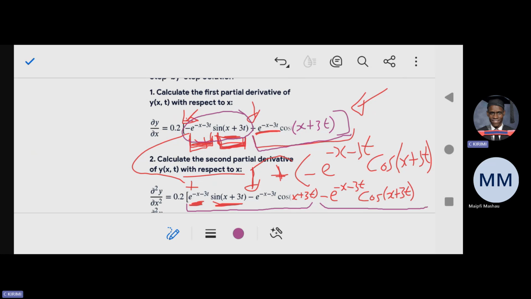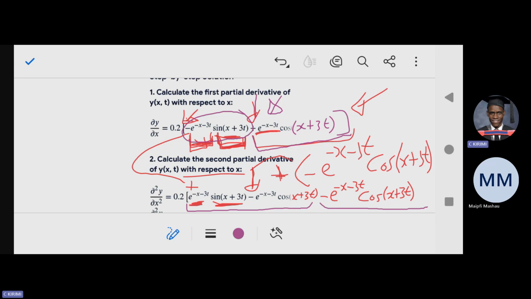So you differentiate again. Now we are taking plus, which means this one is now a constant. Take it as it is. Then you differentiate cos. When you differentiate cos, you get what? Negative sine. So that's why this plus which is there is neutralized.